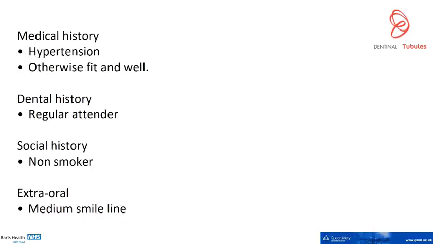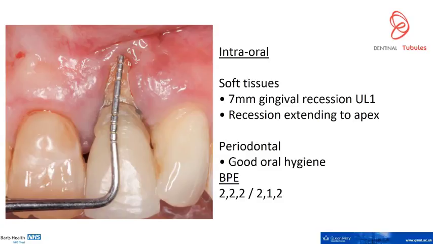But if we look at the tooth and the tissues around, the soft tissues showed a 7mm gingival recession around the mid-buccal of this upper left central incisor, and the recession extended to the apex of the tooth. Periodontally otherwise, he had good oral hygiene, with BPE codes of 2 and 1 in all sextants.